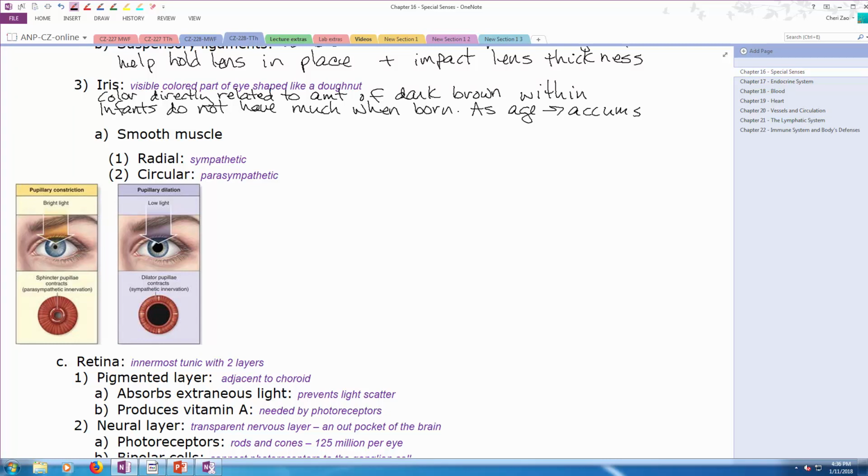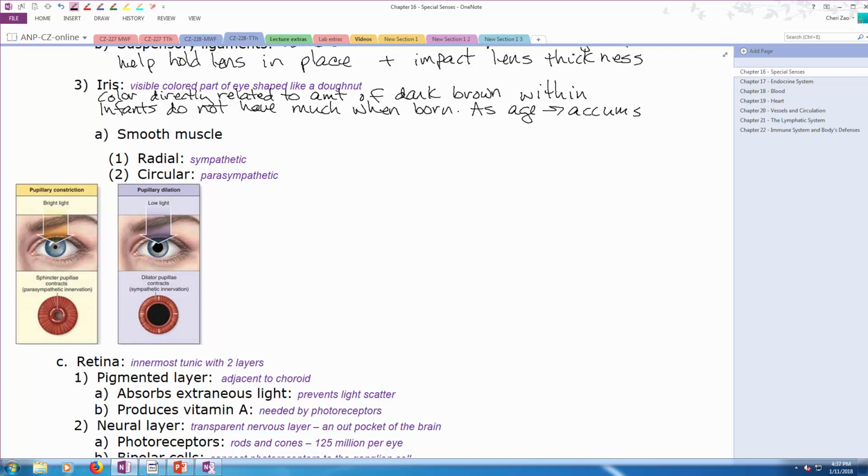So for Caucasian infants, they're born with very little dark brown pigment, and the color of their eyes is almost always blue. There's always an exception to the rule, but I'm on the general path here, and there's always those exceptions. That's why I also specify Caucasian.